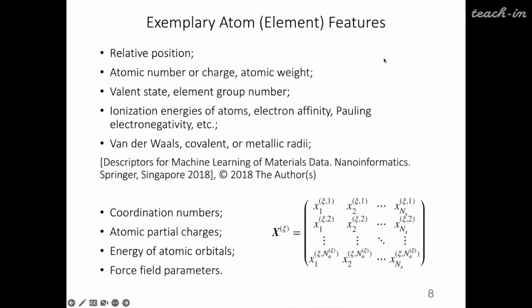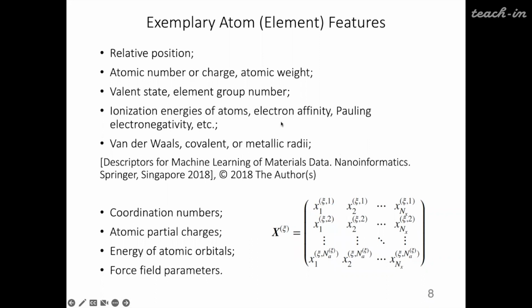And we can include different atomic properties as features. So there are some features that are listed in the reference book. So we may want to use a relative position. So we can include atomic numbers, charges, atomic weights, or valence states. Of course, we can include ionization energies and electron affinities that are related to electronegativity.